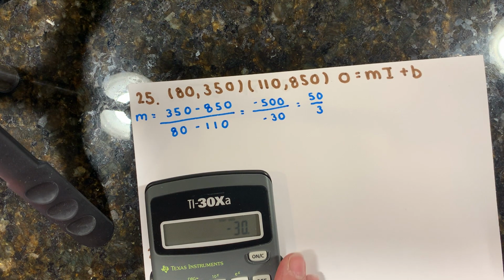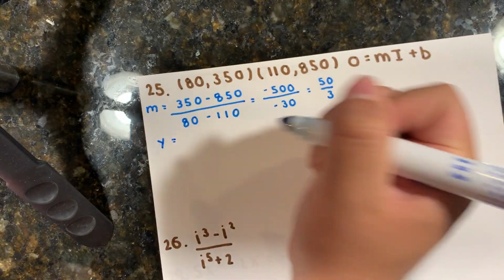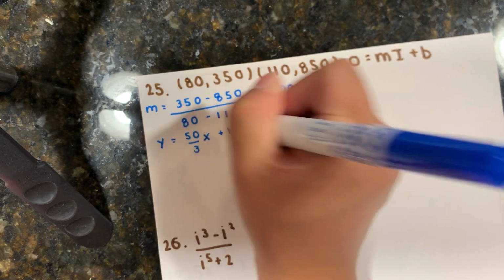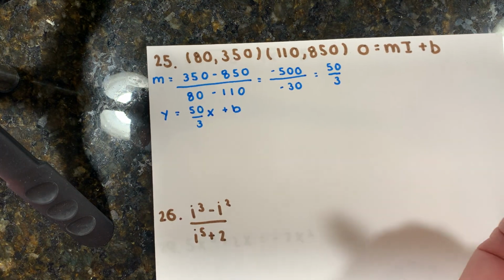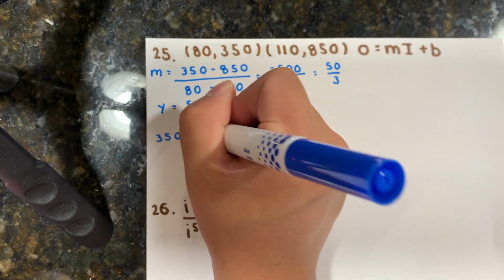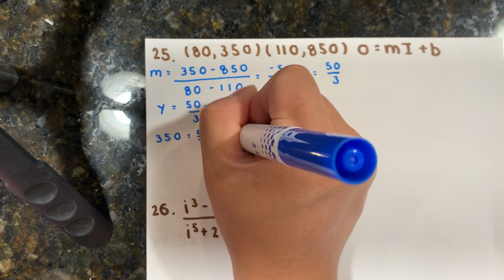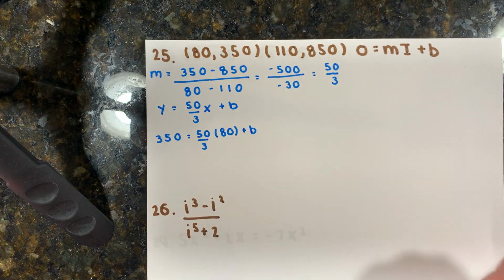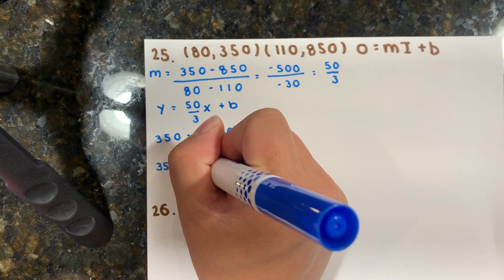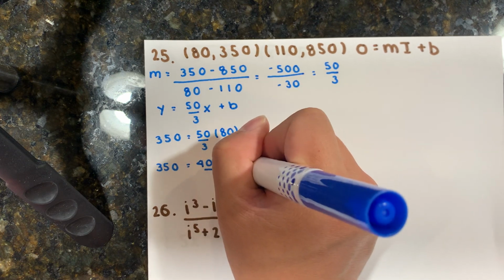Now I'm going to plug that into y equals mx plus b, and I need to solve for b. So I'm going to plug in this point right here because it's the smaller of my 2 points. So that'd be 350 equals 50 over 3 times 80 plus b. So that would be 350 equals 4,000 over 3 plus b.